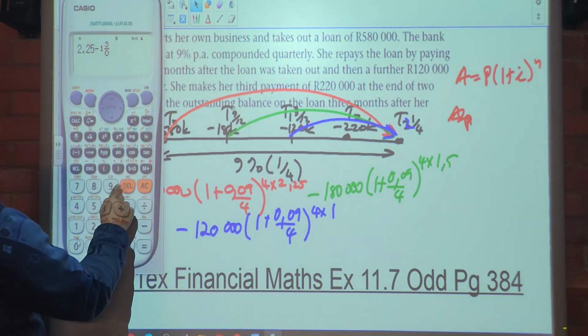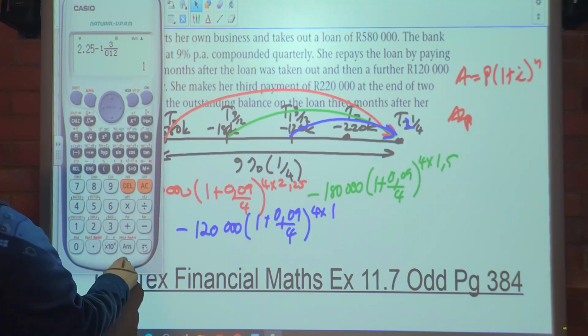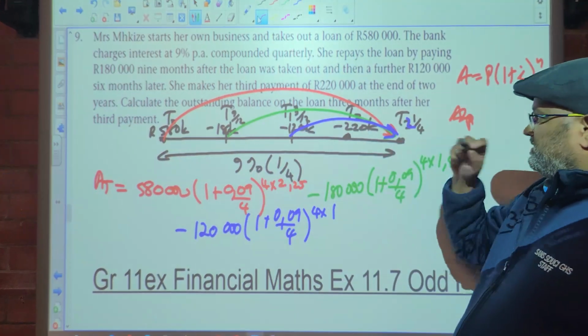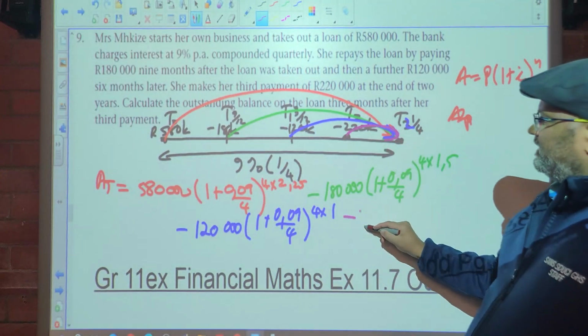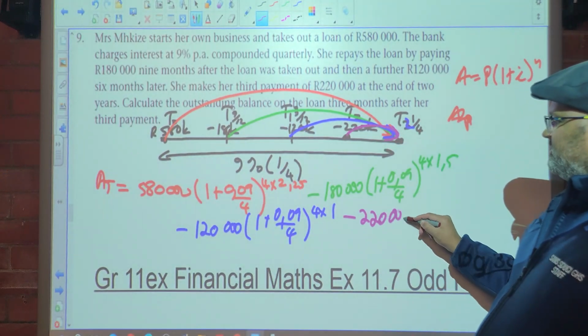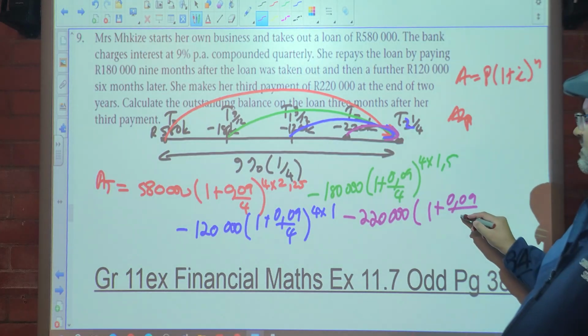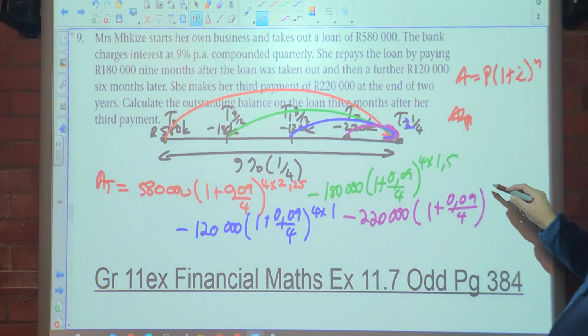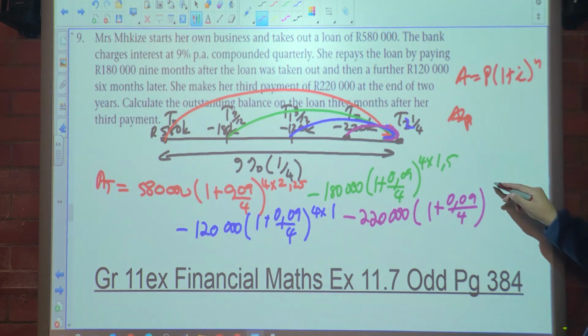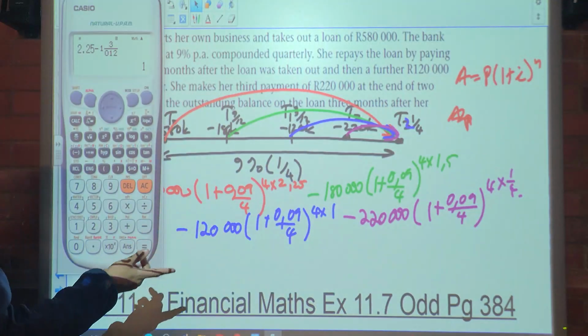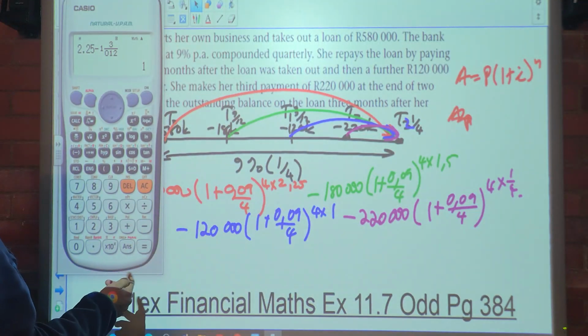Then minus 220,000 into 1 plus 0.09 over 4 to the exponent 4 times 1/4, or you can say 3 over 4.